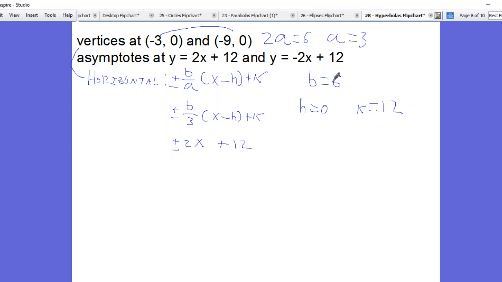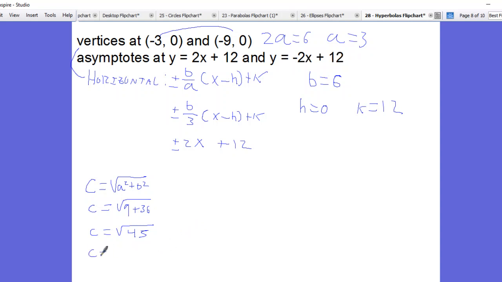And if a is 3 and b is 6, that means c is equal to the square root of a squared plus b squared. So c is equal to the square root of a squared, which is 9, plus b squared, which is 36. So c is equal to the square root of 45.